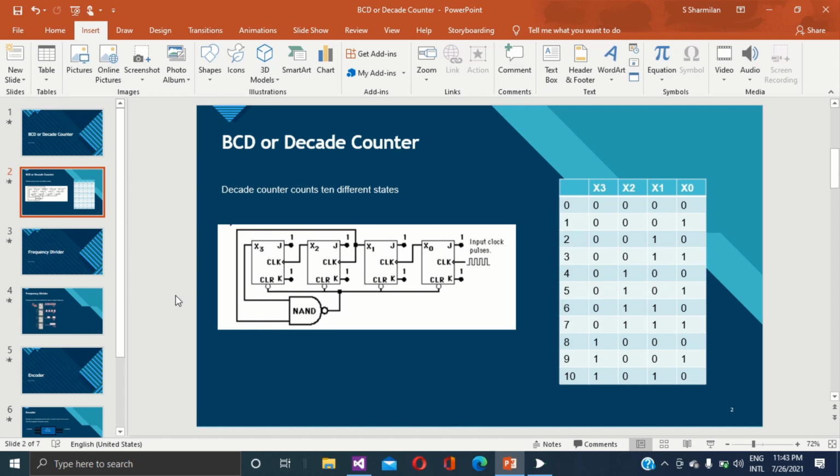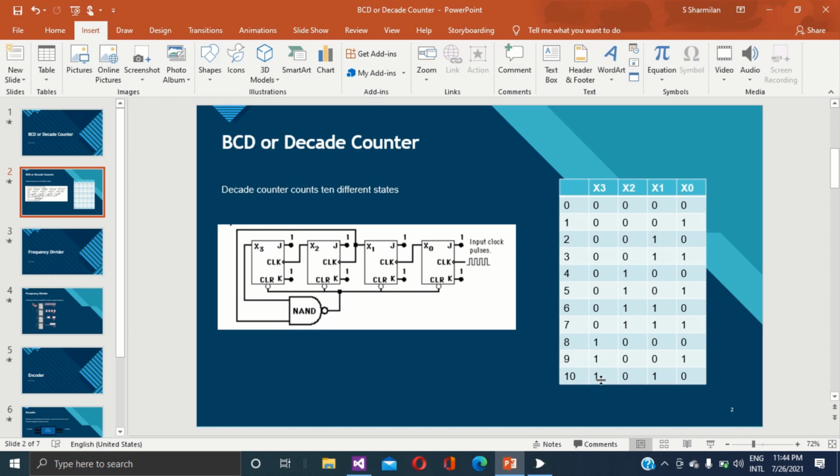Now we are seeing how to change to the 0 value after number 9. See the truth table here. After value 9 comes 10.